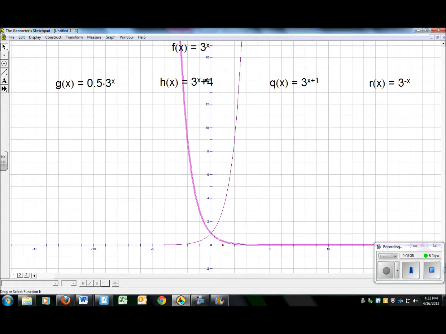A vertical shift would be adding or perhaps subtracting a value to the 3 to the x power. A horizontal shift would be adding or subtracting based on x, the exponent itself. And a reflection across the y-axis would be making the x value negative in the exponent.